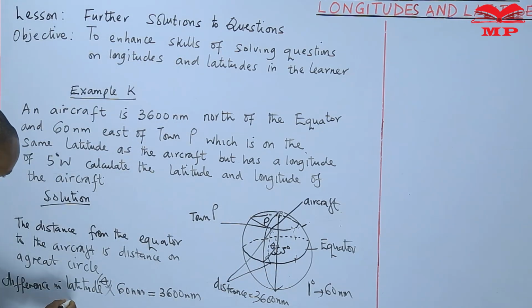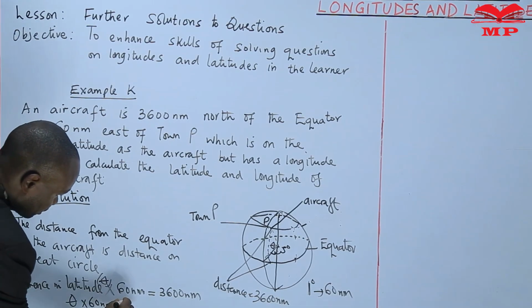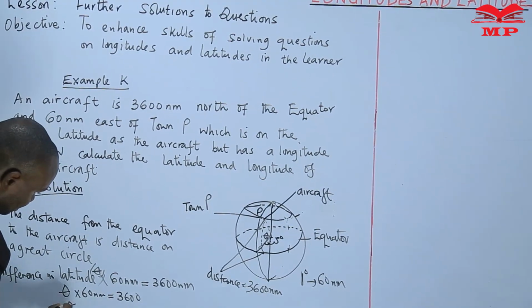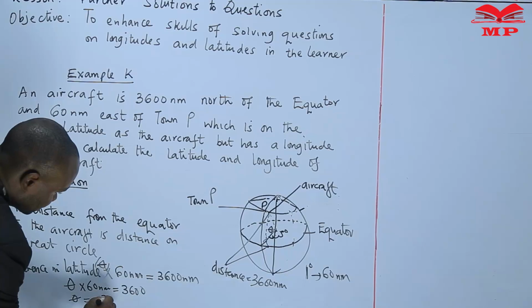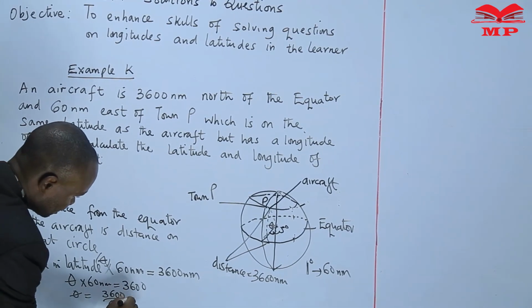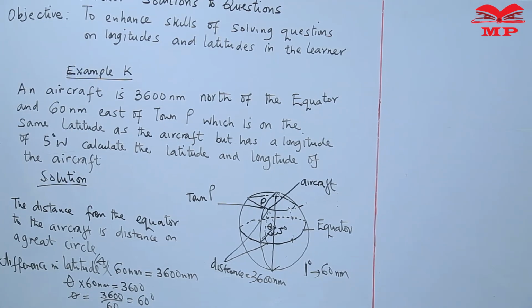So I can say theta times 60 nautical miles is equal to 3,600. Therefore, theta is 3,600 divided by 60. That gives 60 degrees.